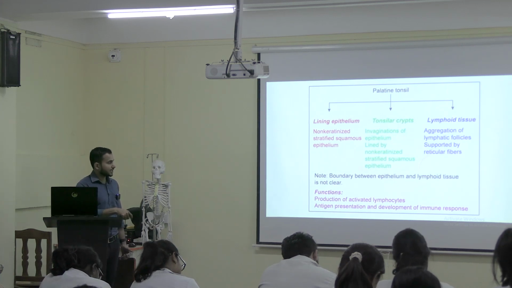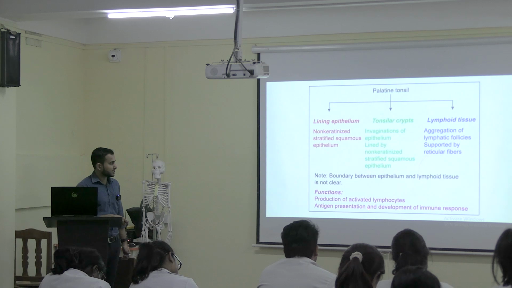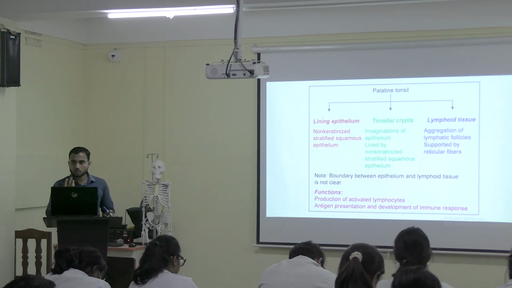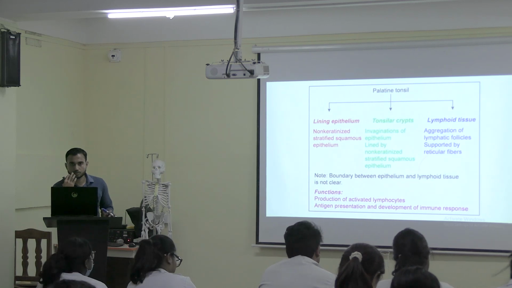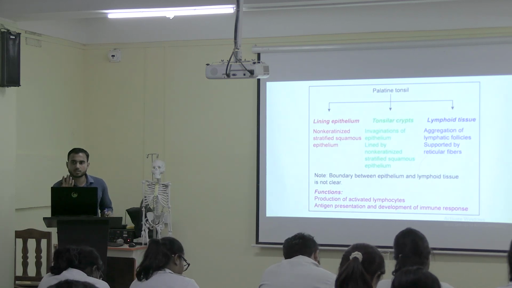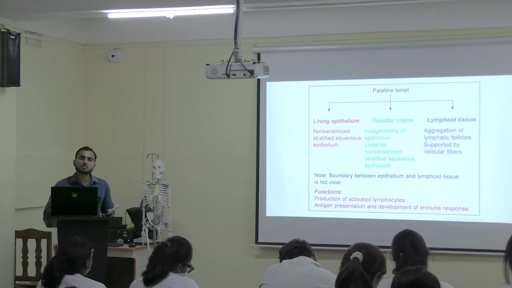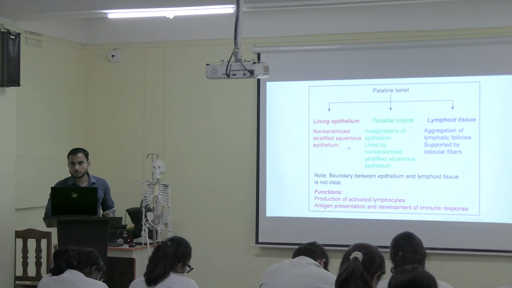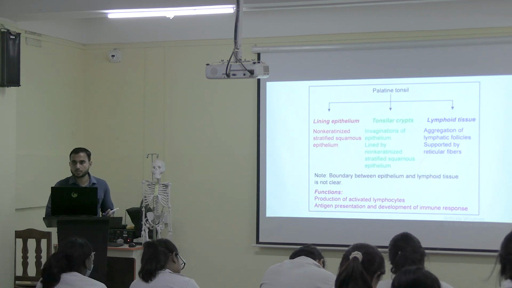Production of activated lymphocytes, antigen presentation, and development of the immune response. If you see the location of the tonsils, they are situated in an area where they are encountered by the air which you are breathing and the food whatever you are swallowing, and thus they provide the first line of defense to our body.